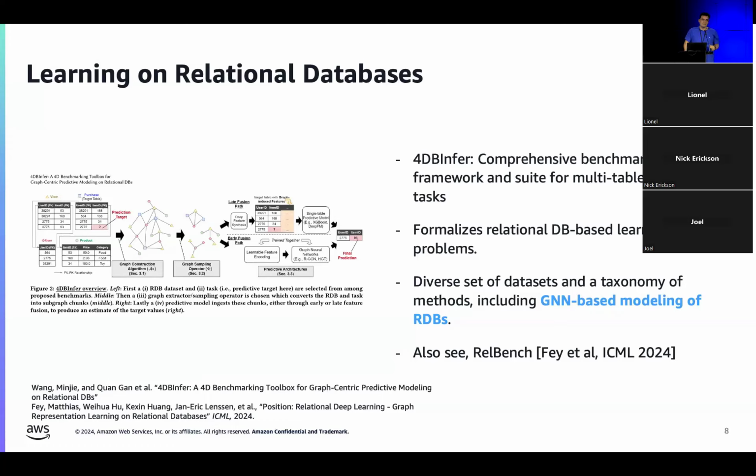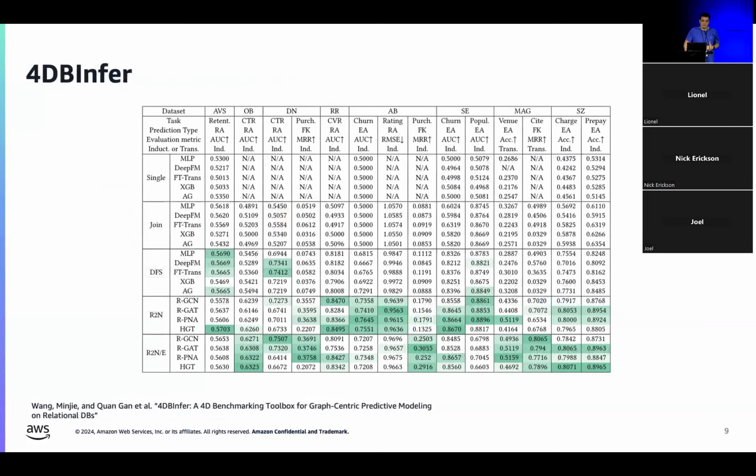But just to give you an idea of what the main insight from this work seems to be, I will just point to the result table from DBInfer. The key outcome seems to be that this graph neural network approach seems to work a bit better. This is a little surprising. There is not much talk of how the computation cost changes, but one can imagine it's a little more expensive.